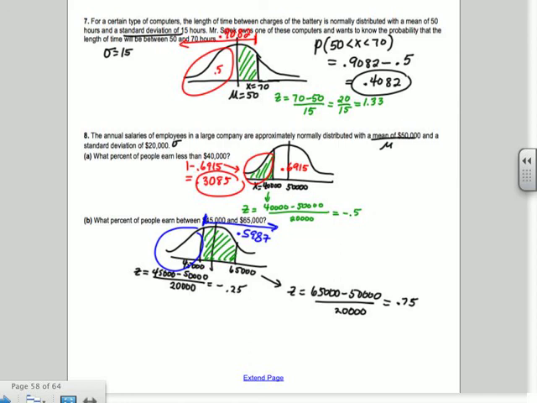So this piece ends up being 0.4013. All right, now this other tail I need to find. So if I look up the other z-score, which is 0.75, what do you guys get? 0.7734, you guys agree? All right, that means that this tail is 1 minus 0.7734. So it's 0.2266.